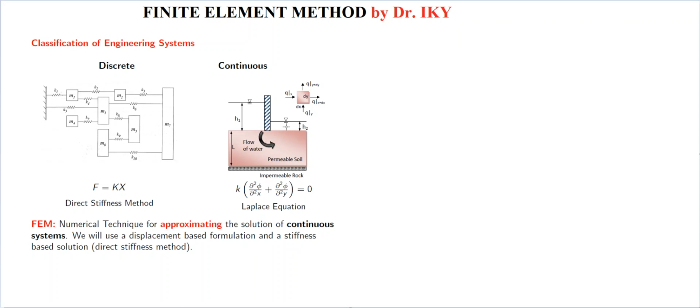Water is transferring through this soil, and the level on the right hand side is going to increase, the left hand side is going to decrease till the system is balanced. We are explaining this by using the Laplace equation that we have given. And for the numerical technique, you can see the approximation and continuum mechanics. To make it simpler and easier, we are using the direct stiffness method.